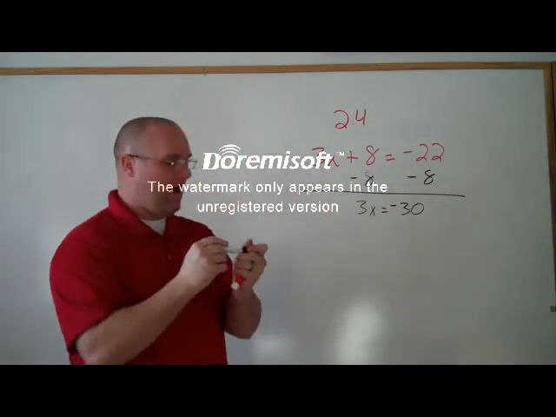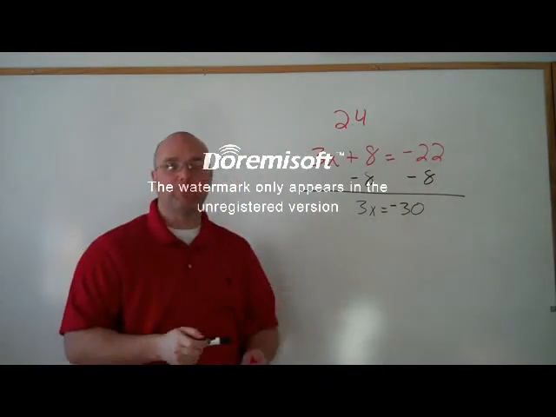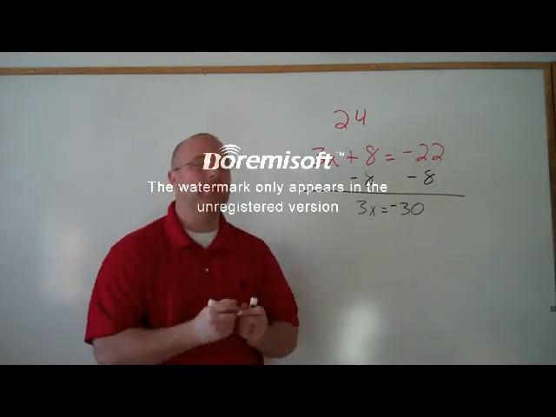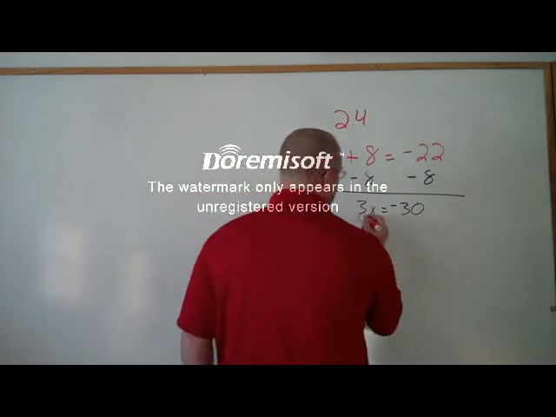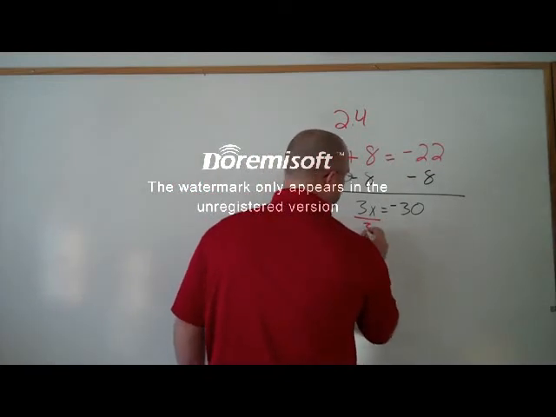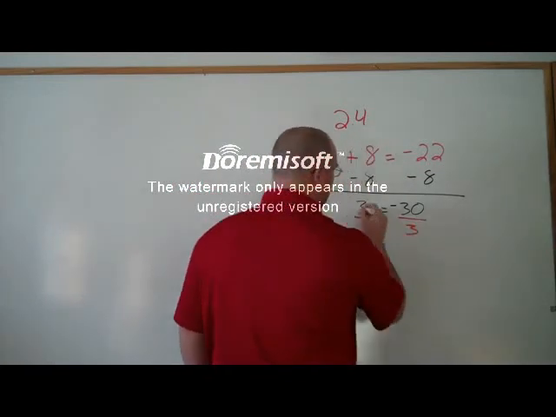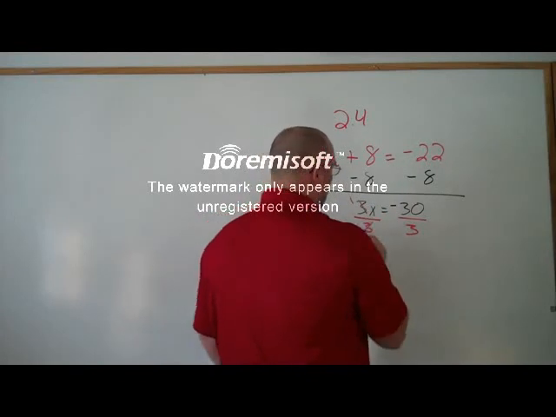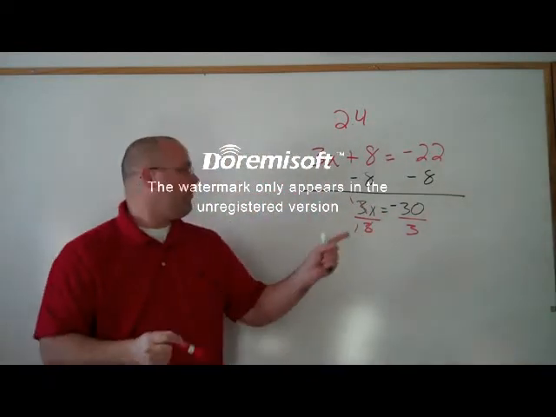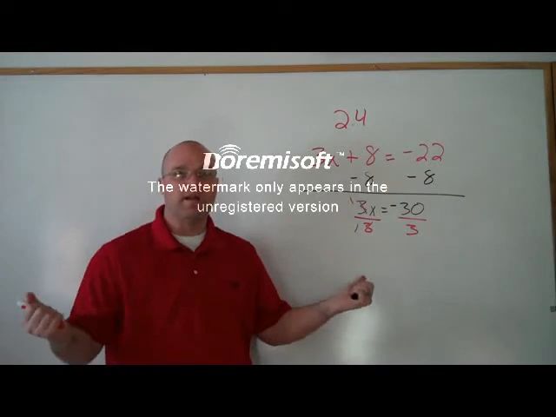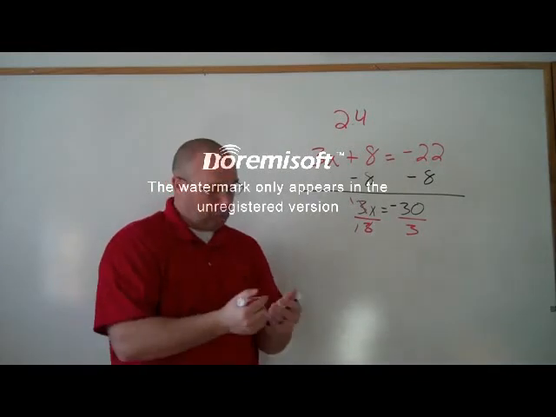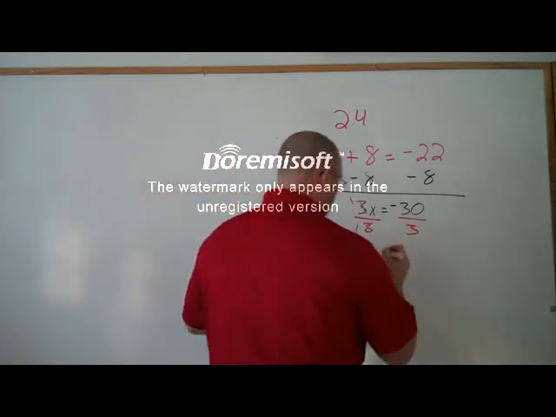Alright? So now, we have multiplication again. What's the opposite of multiplication? Division. Divide by 3. Divide by 3. Turns into a 1, turns into 1. Remember what I said? 1 over 1 equals 1. 1x we can rewrite usually as just a plain old x.